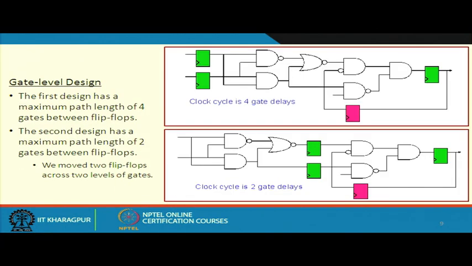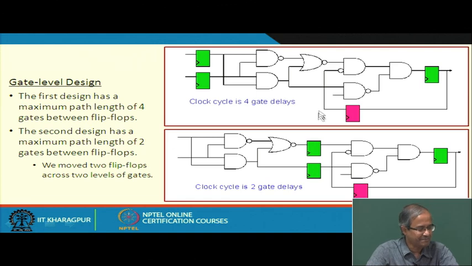Another example I am showing is for a gate level design. Suppose I have a gate level design like this, some gates with some input flip flops and an output flip flop. So, there are 4 gate delays in between. Suppose what I do is, these 2 flip flops we move across the gates and place here.